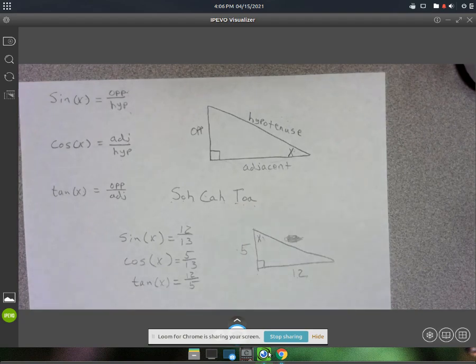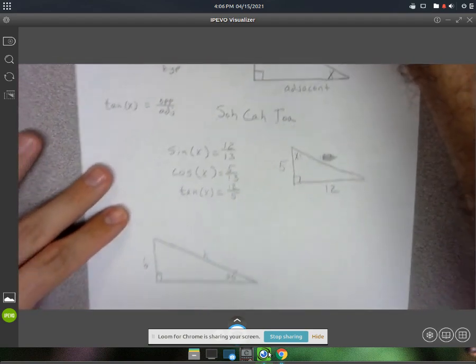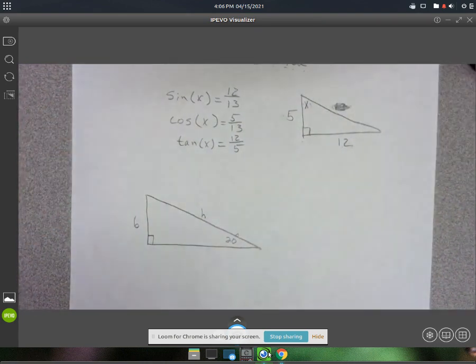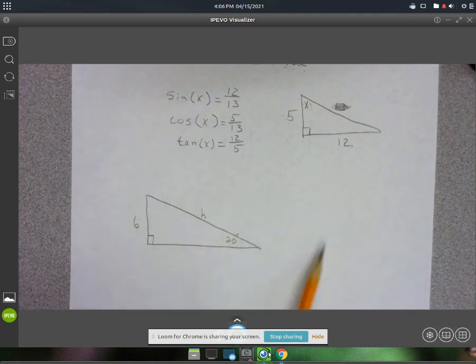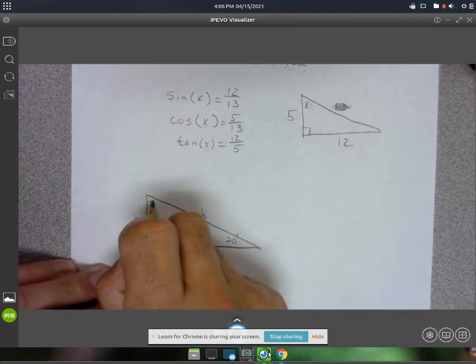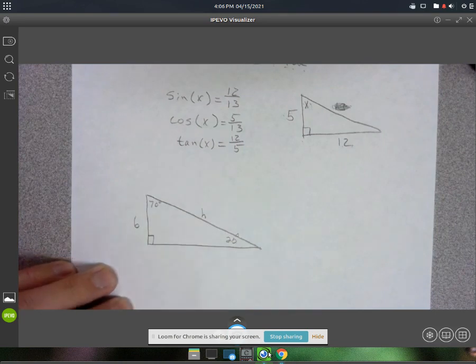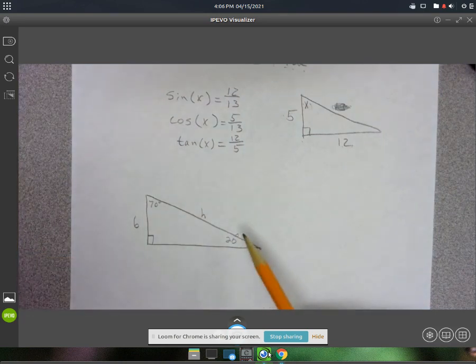Another thing they might ask is that you have to apply one of these trig functions to solve for part of a triangle. In this one, they're giving us a 20-degree angle, and I guess we know this is 70 as well. We get that for free. They give you one side length, but not the other, so you can't use Pythagoras.